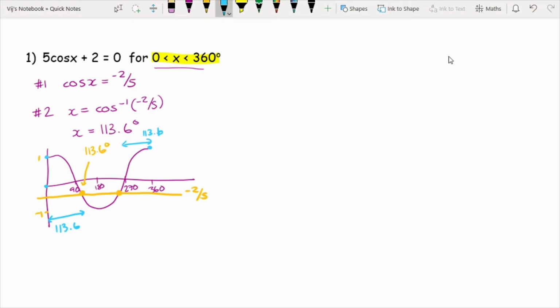So to find the second angle, all I need to do is 360 minus 113.6, in which I get my second angle of 246.4 degrees, giving me a final answer of 113.6 degrees and 246.4 degrees, and these angles are all given to one decimal place.